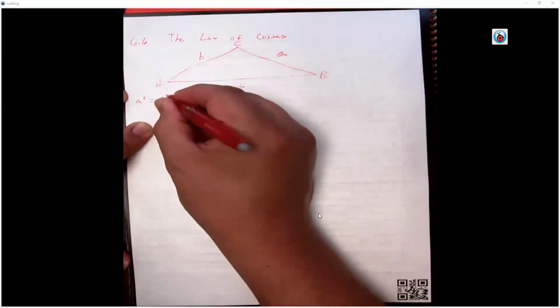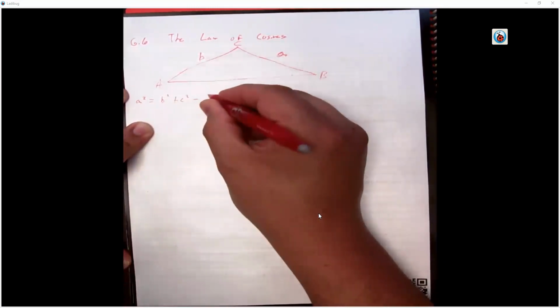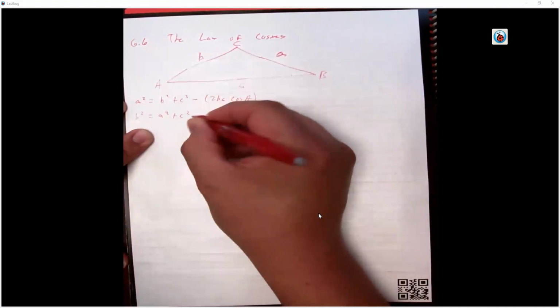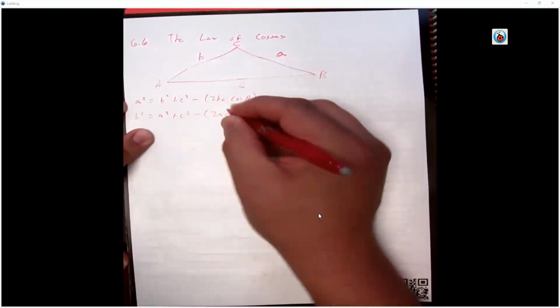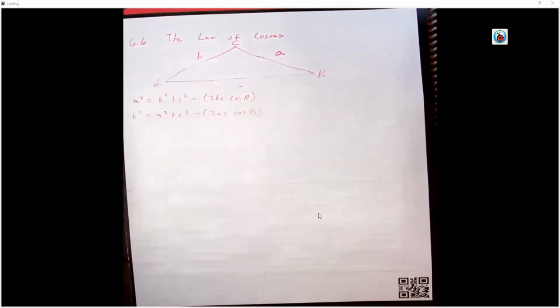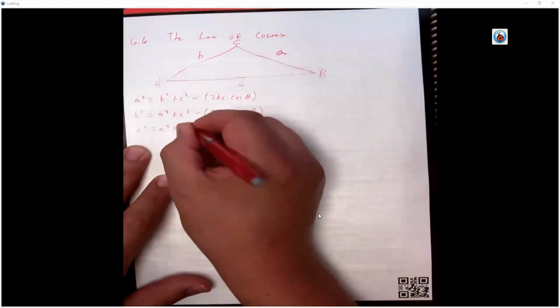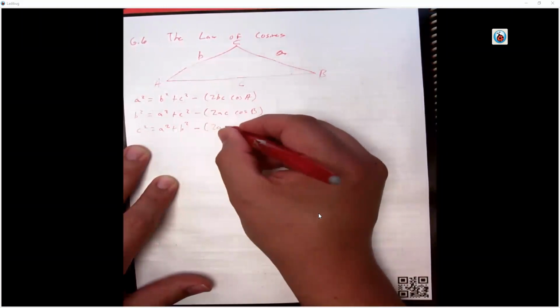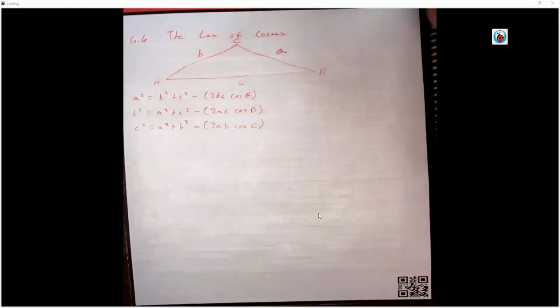A squared is equal to b squared plus c squared minus 2bc cosine A. B squared is equal to A squared plus C squared minus 2AC cosine B. C squared is equal to A squared plus B squared minus 2AB cosine C. So if you need to find one of the sides, so let's say I want to find side A, I need to have all the other sides and angle A. Otherwise, I can't use this.